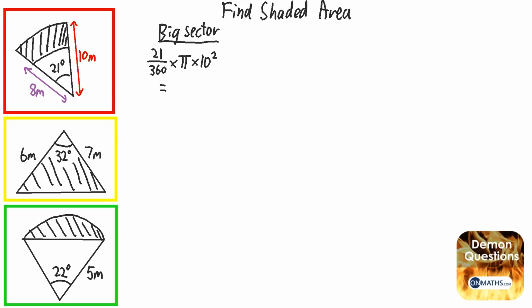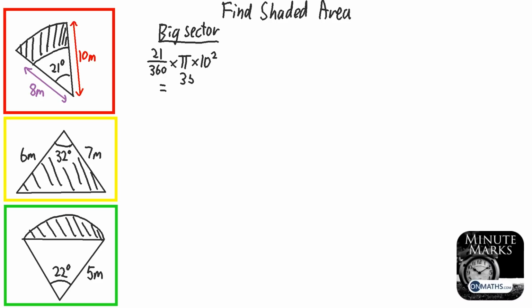And I'm just going to work that out, but I'm going to leave it in terms of pi. So 21 over 360 times pi times 10 squared. And most calculators now just leave it in terms of pi for you. So 35 over 6 pi, or 35 pi over 6.